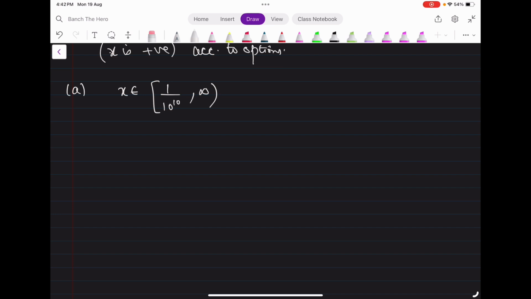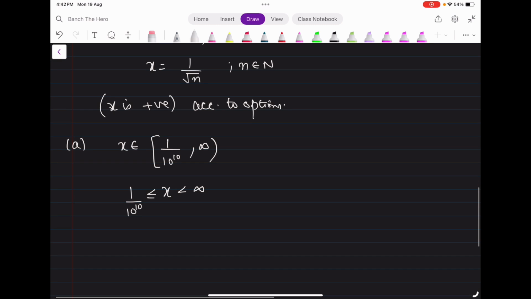Whenever x is lying between 1 by 10 raised to power 10 and infinity, one thing we can understand here is the relation of 1 by root n, because x is 1 by root n, where n is any natural number, right? For example, n can be 1, n can be 2.